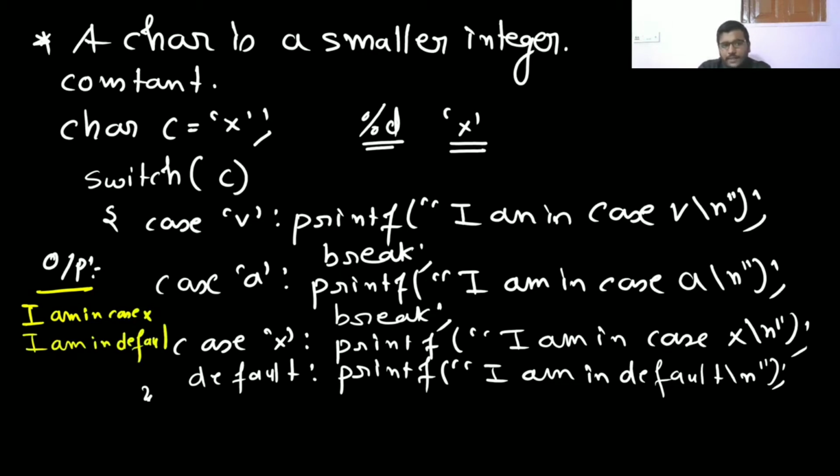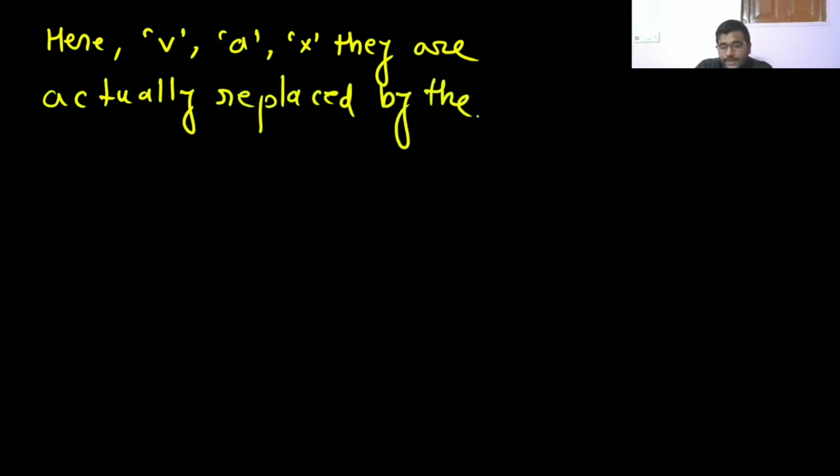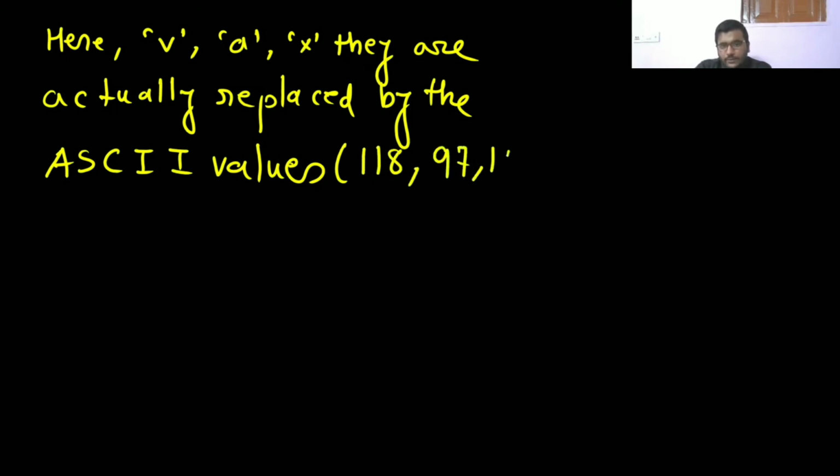Whenever you write anything in single quotes, it is the ASCII value of that. So these character constants are replaced by the ASCII values, which are 118, 97, 120.